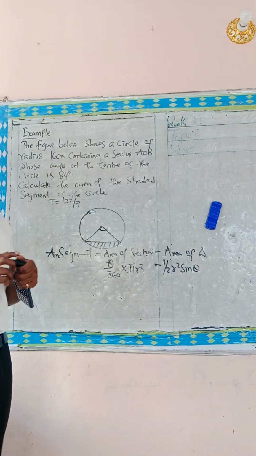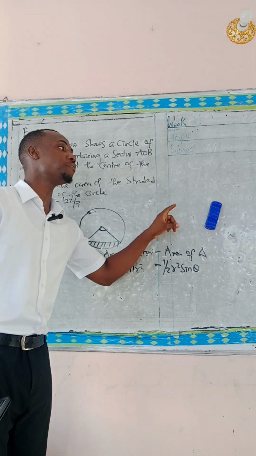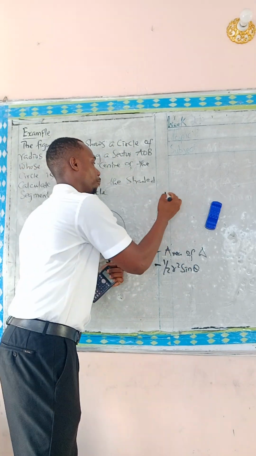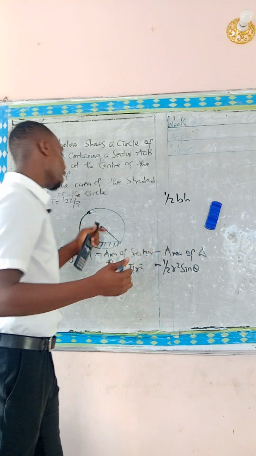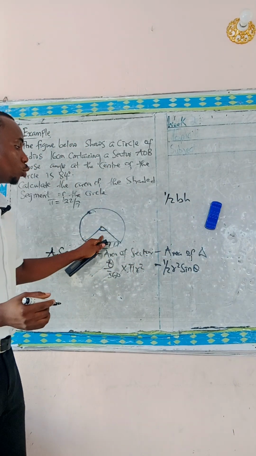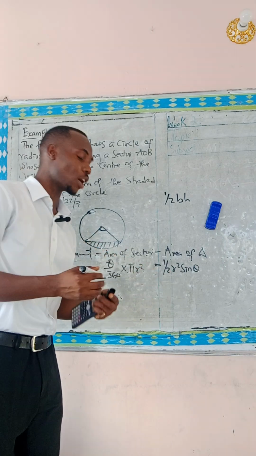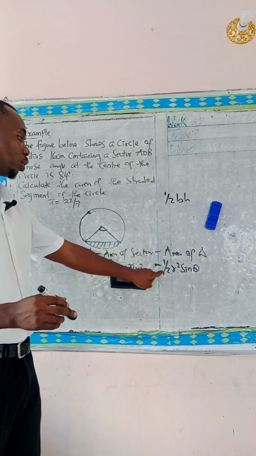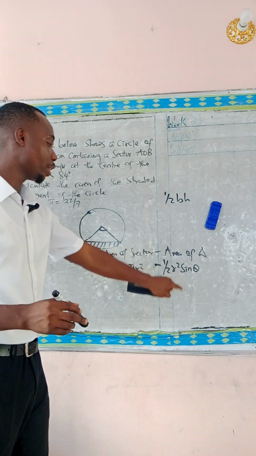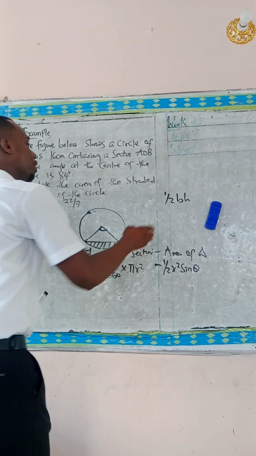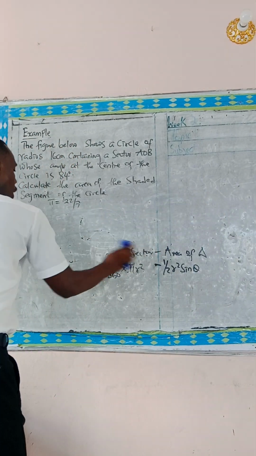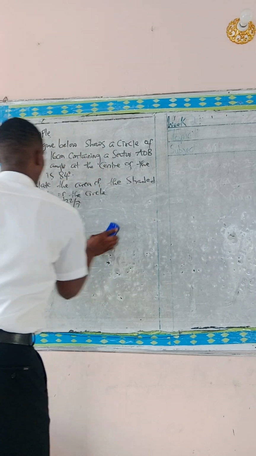That becomes the formula that we want to use. Because for half base times height, there is no angle subtended, so you don't need to account for the angle. But for this one, you need to account for the angle. That is why we are making use of half radius square sine theta. So with that information, we can solve the question on the board.